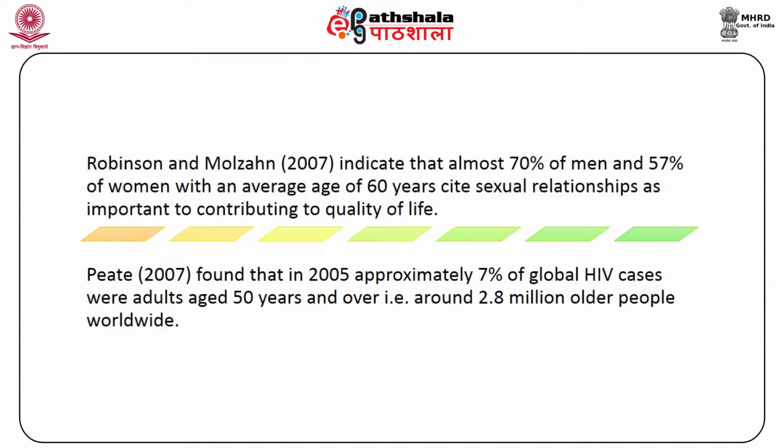Robinson and Molson in 2007 indicate that almost 70% of men and 57% of women with an average age of 60 years cite sexual relationships as important to quality of life. Pete in 2007 found that in 2005, approximately 7% of global HIV cases were adults aged 50 years and over, that is, around 2.8 million older people worldwide.